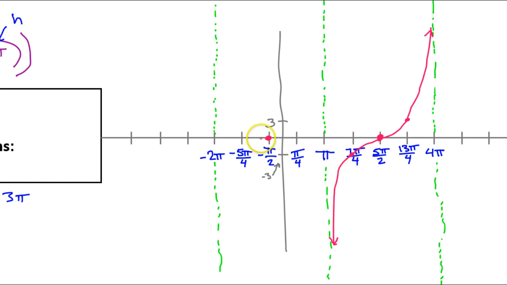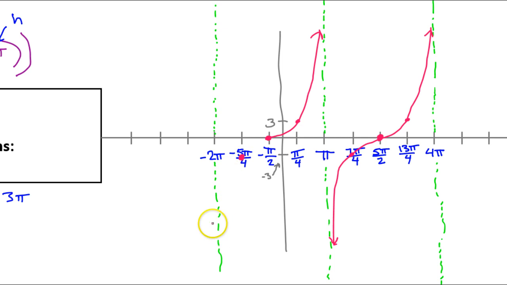Okay, and I'll do the same thing over here. Now again, this should be increasing, so it should be going like that. But at this halfway point, it should be at the a value. So as I do this increasing, I'm going to try to hit that mark. And I'm going to do the same thing over here as on the left. Now this is still increasing from left to right, but at this little halfway point, it should be at this negative a value.